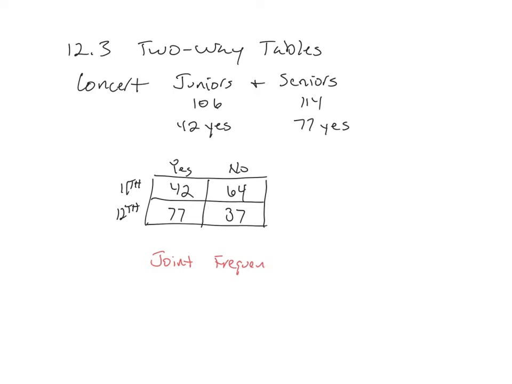It's a joint frequency because it involves two different pieces of information: it's a junior that said yes, it's a senior that said yes, it's a senior that said no, and it's a junior that said no.